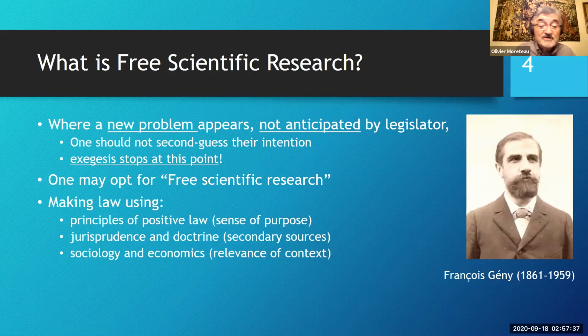You should consider jurisprudence and doctrine, so the secondary sources, by the way, much like you do when you do exegesis, okay, that is ubiquitous in the civil law tradition. You always look at jurisprudence and doctrine. And also, and that's the new point that Geny is bringing to the conversation, pay attention to sociology and to economics, okay?